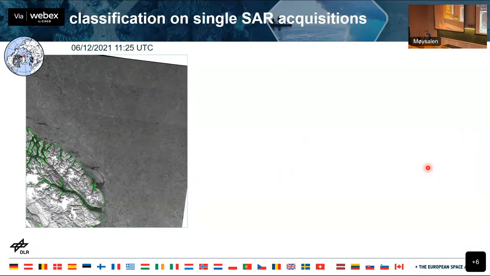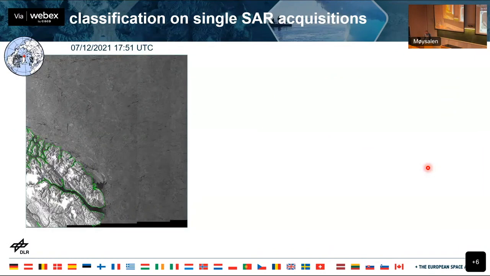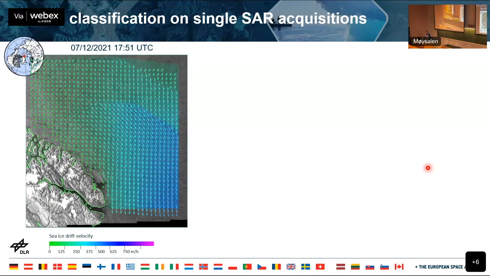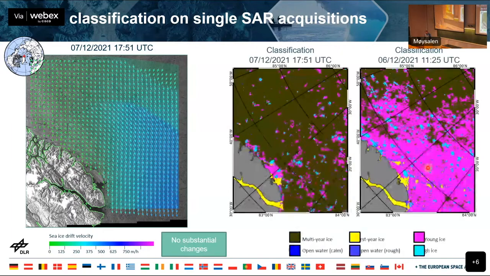So they take one SAR image and another SAR image, and there is an obvious ice drift, which they can derive. And then they use this ice drift for aligning the image, and they classify each individual image. And most of the images show that there was multi-year ice, and there was only one outlier that has shown that there is young ice.